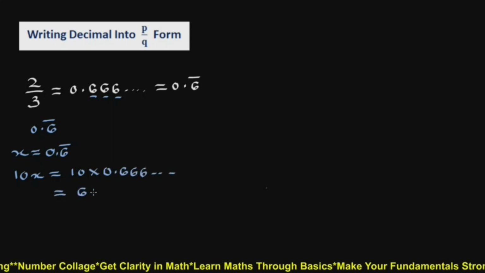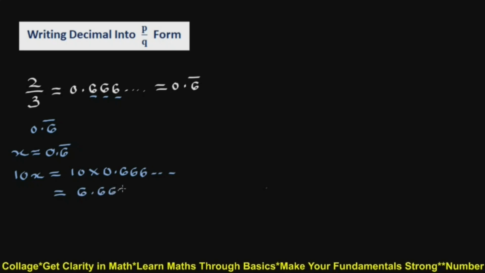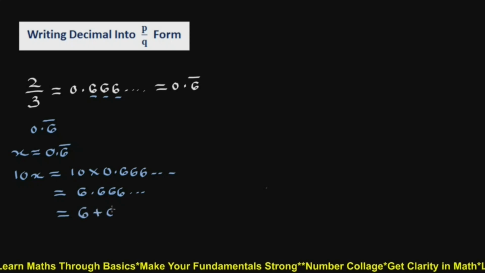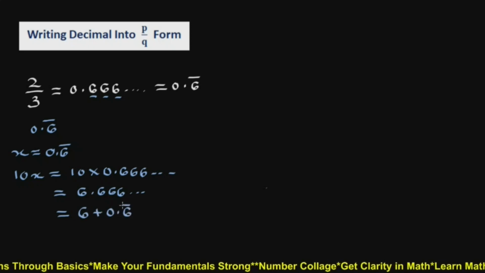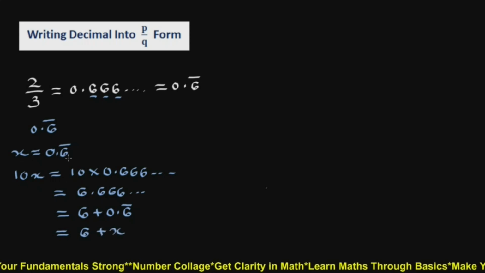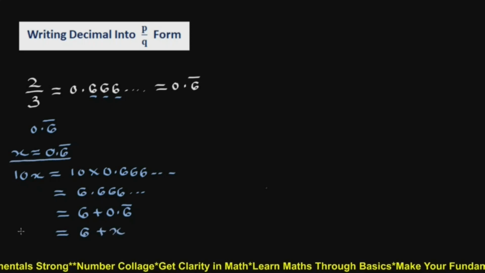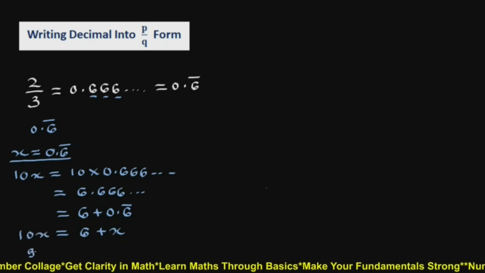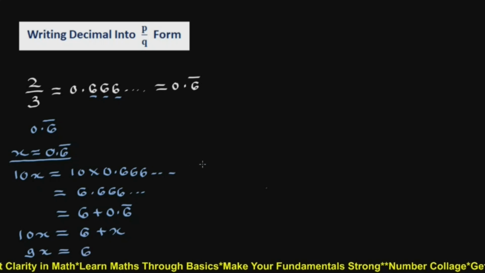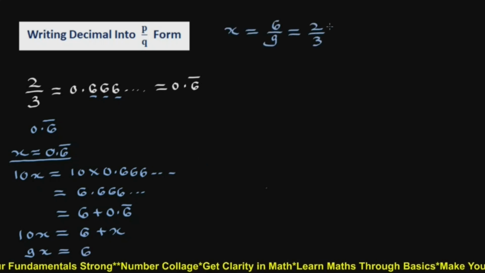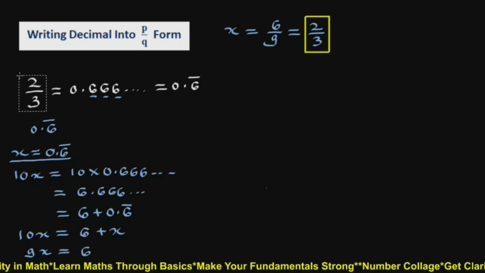This will be 6.666 up to infinity, which we write as 6 plus 0.6 bar, which is 6 plus x, because 0.6 bar is x. So we have 10x is equal to 6 plus x, 9x will be 6. So x will be 6 upon 9, 2 upon 3, which is exactly what we have here.